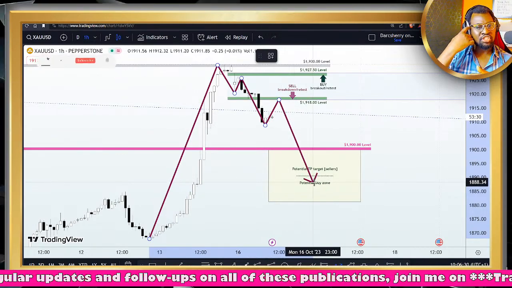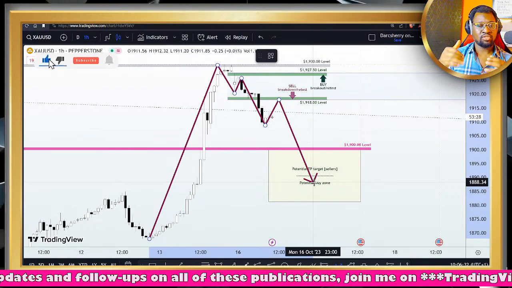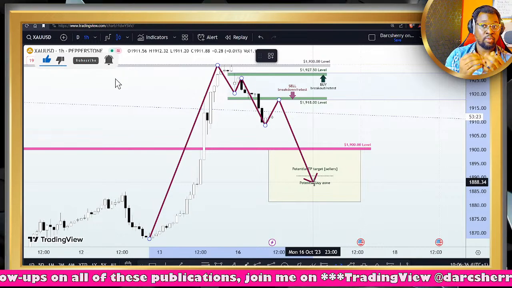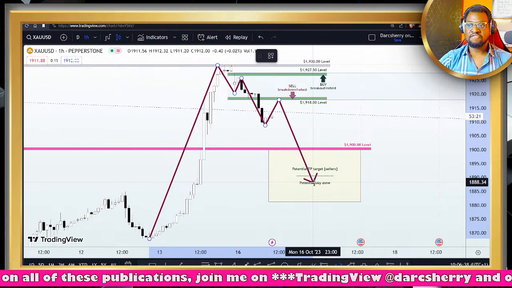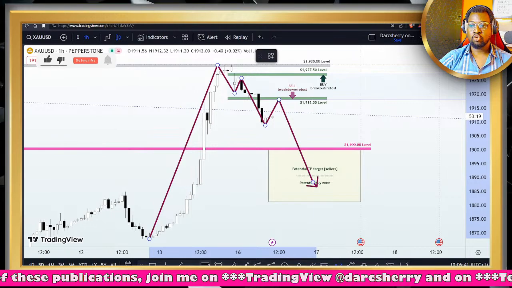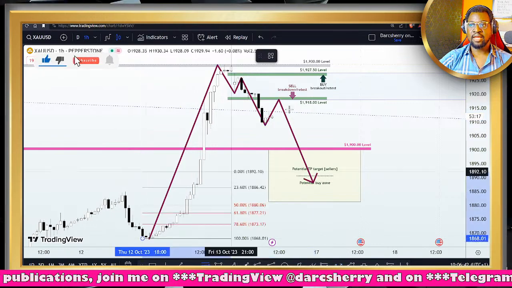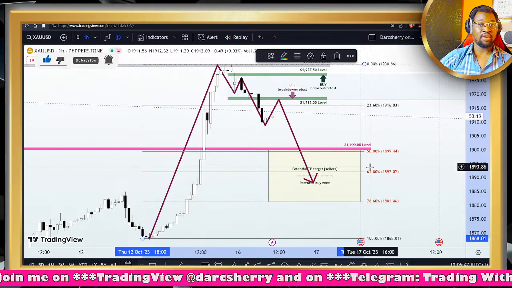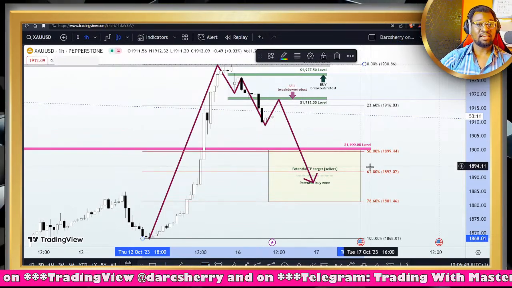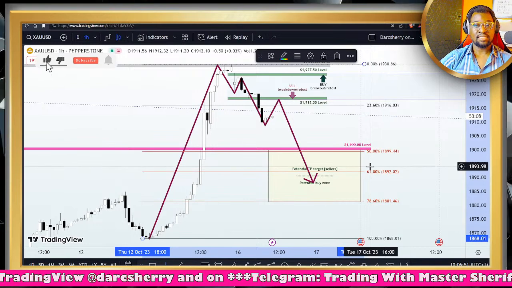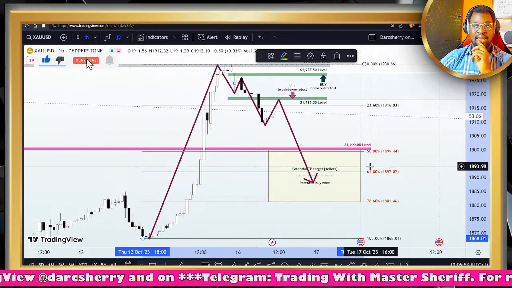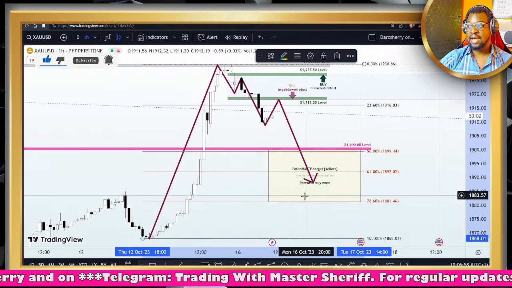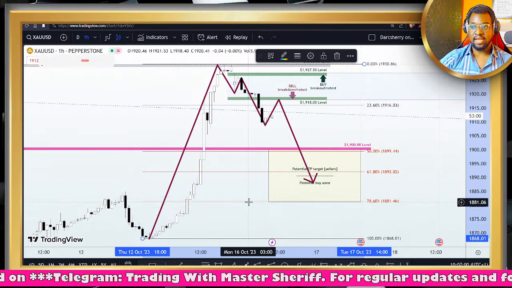So to project where the potential TP target, or where the retracement phase that is currently going on here will culminate, I used my Fibonacci retracement tool, ran it through the previous impulse leg, as you will see here, and of course aimed at our golden zone area, which is usually within the 50 and the 78.6% of that impulse leg, and that falls within the 1,900 and the 1,880 zone.